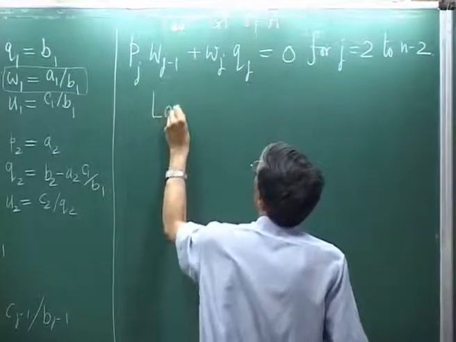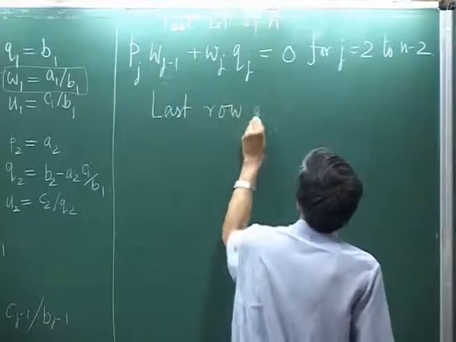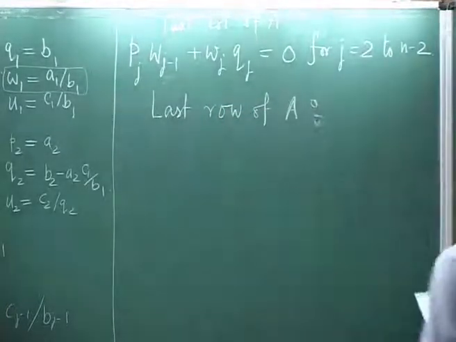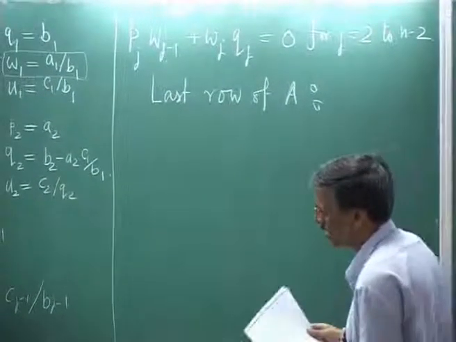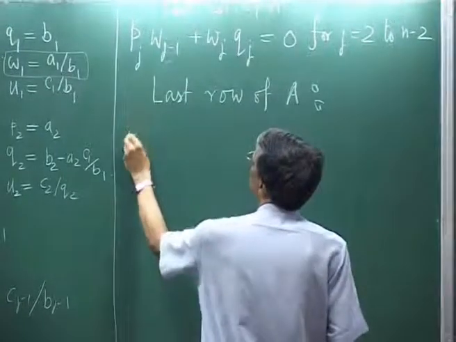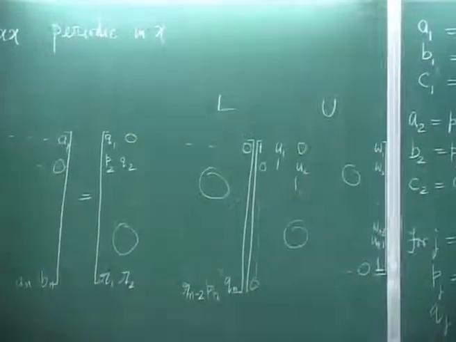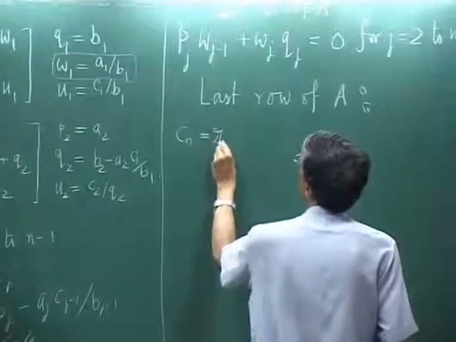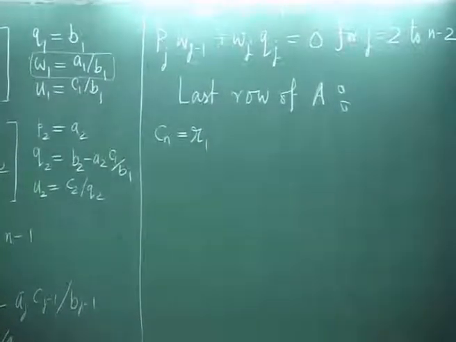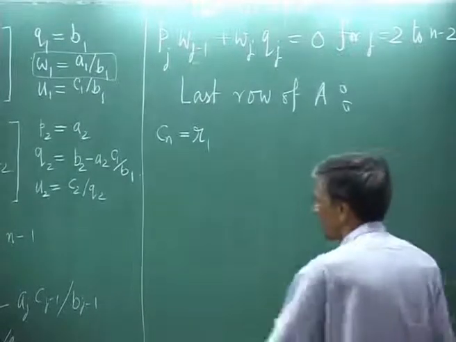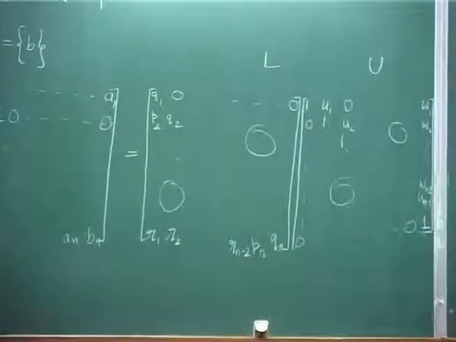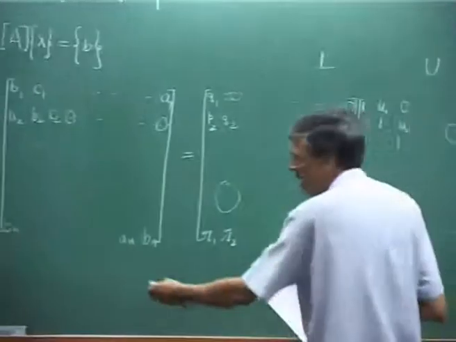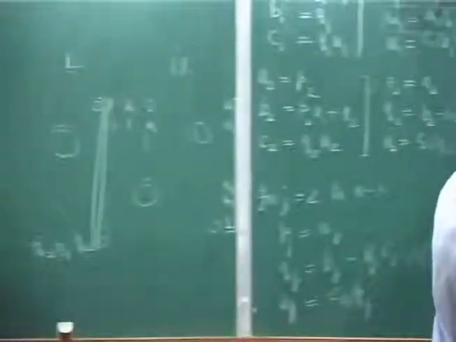Similarly, I could look at the last row of A. If I start looking at the last row of A, then what do I get? What is C n? C n would be this multiplied by the first column, so that gives you simply R 1. That is easy. Now, I can keep doing it with different columns one by one, and those are going to be 0, exactly like what we have here.